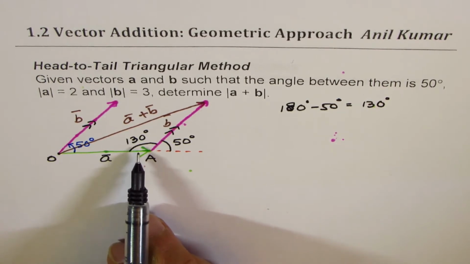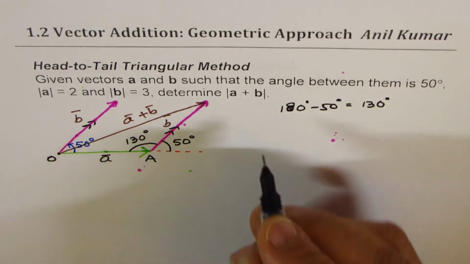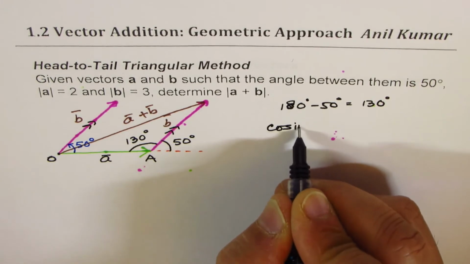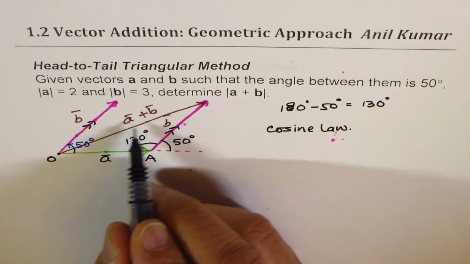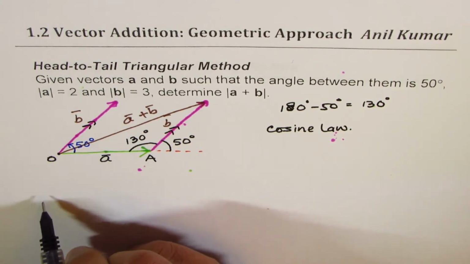And now, to find the resultant, we can use cosine law. To find the resultant magnitude, correct?